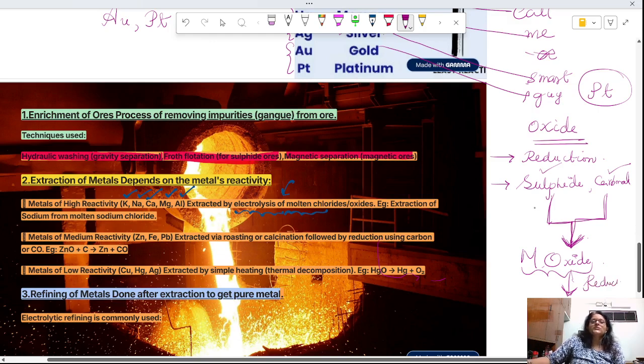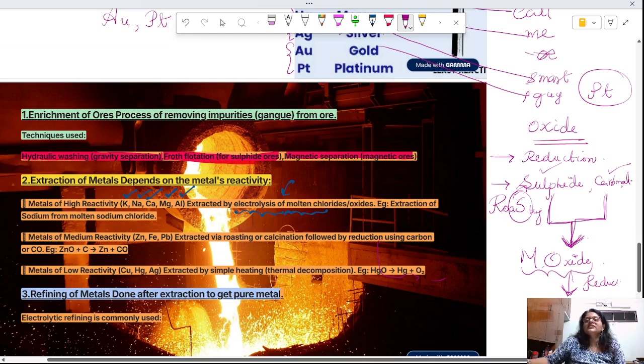The process of converting sulfide ore is roasting. I am writing S in a big letter because that method of roasting is used for sulfide ore.